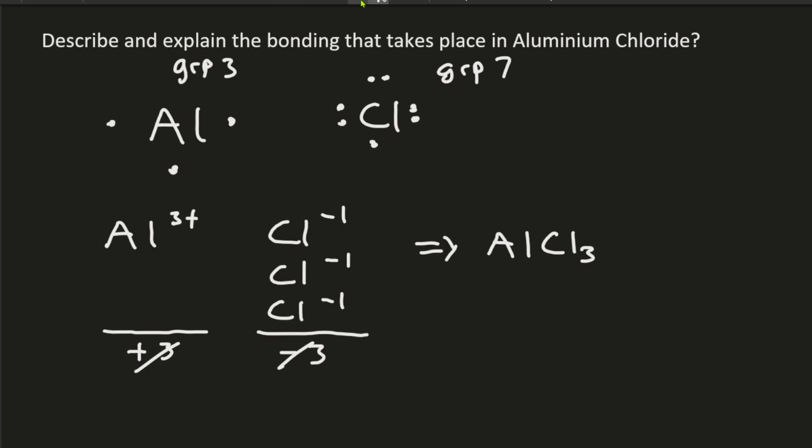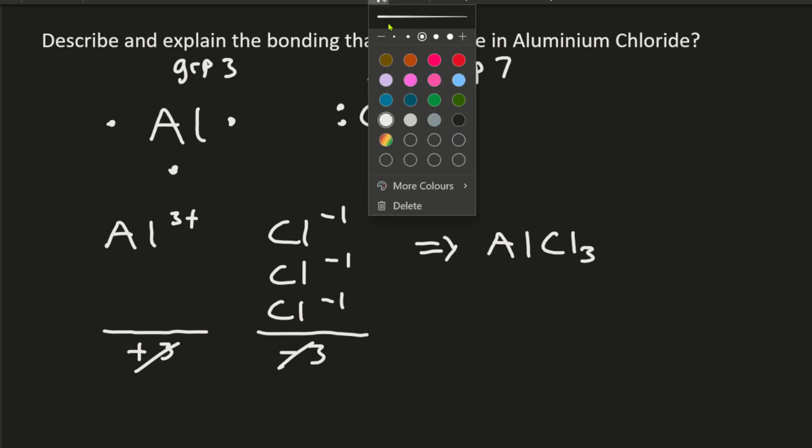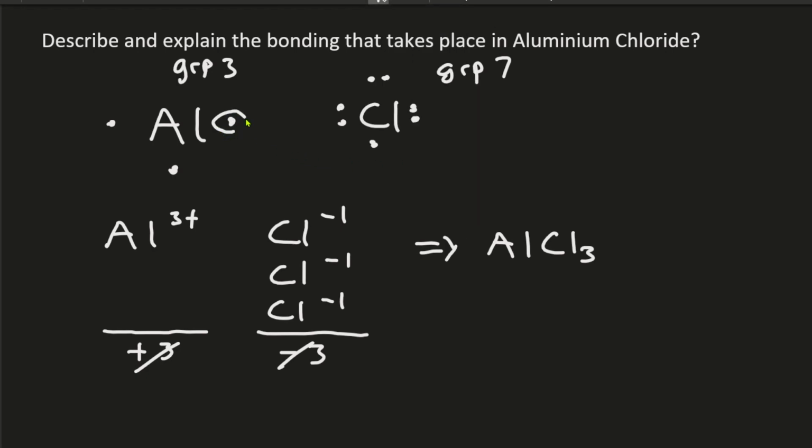Now be careful here because you might think that, okay, so if I just take one of these, let's use a different color, and put it here, everything is all good to go. Well, that's not true because we've still got these two, haven't we? So where will they go? Well, they will go to the other chlorines.